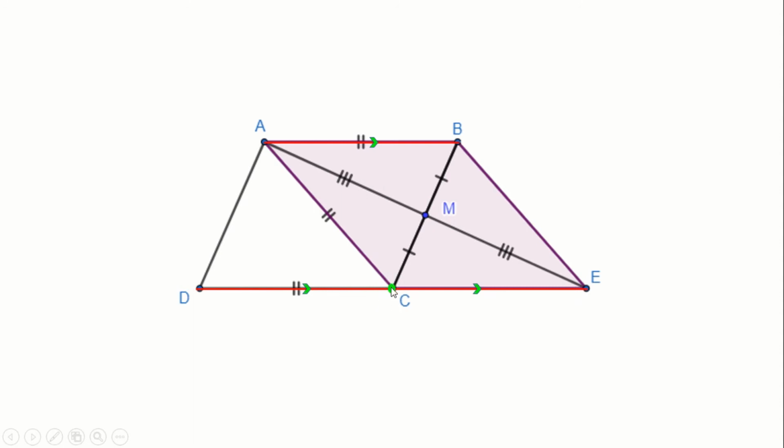Also, we have C is a common point between DC and CE. Therefore, we can say that D, C, and E are collinear. Why? They are parallel to the same straight line, so they should be parallel, which means they can never intersect. But since C is a common point, they intersected at the point C, so we can say that they are the same straight line, so D, C, and E are collinear. And also we have just proved that DC is equal to CE, therefore C is the midpoint of the segment DE.